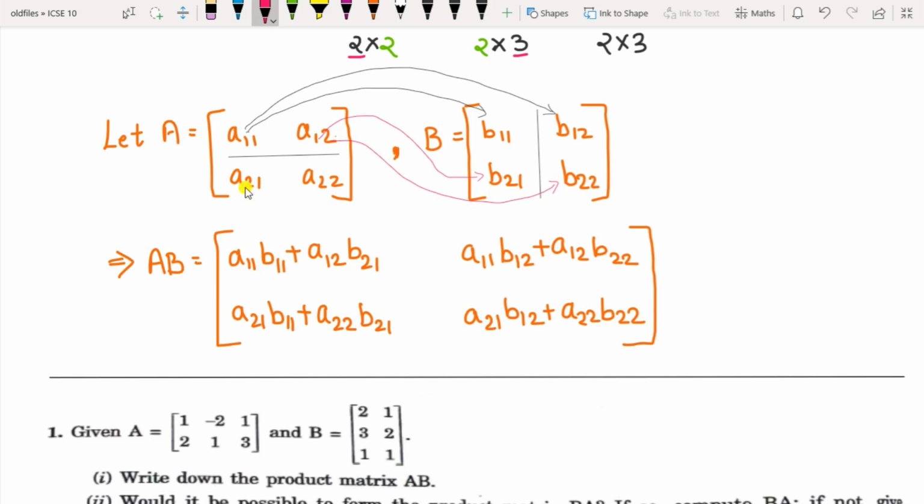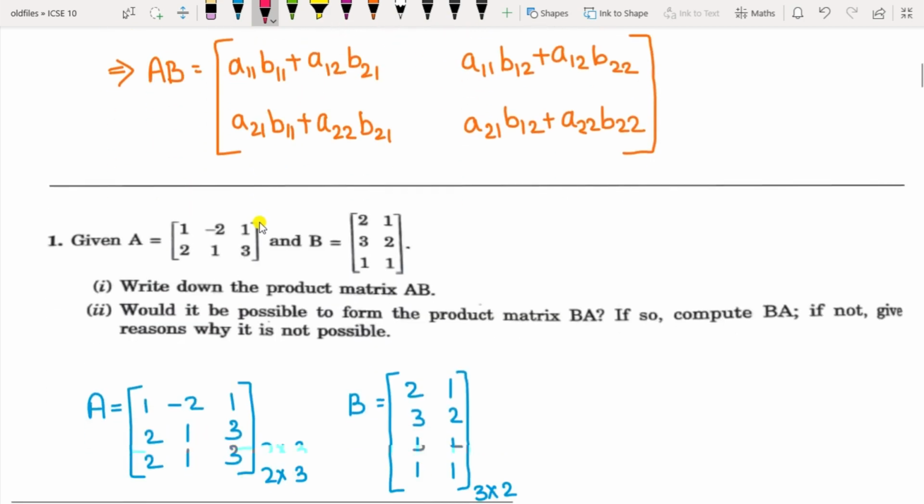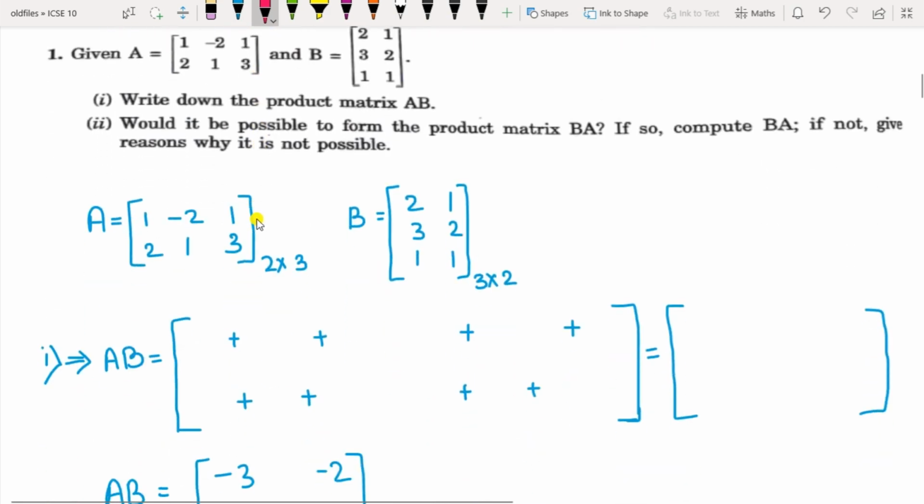So A21 will be multiplied with B11, A22 will be multiplied with B21, and then A21 will be multiplied with B12 and A22 will be multiplied with B22. So these will be the 4 elements of the product matrix. This way you have to multiply the two matrices. You will understand it if you solve the examples, so let us start with the exercise.